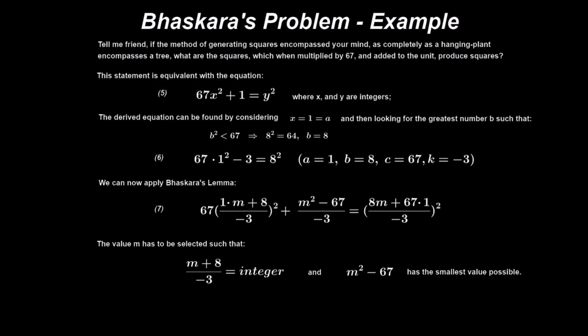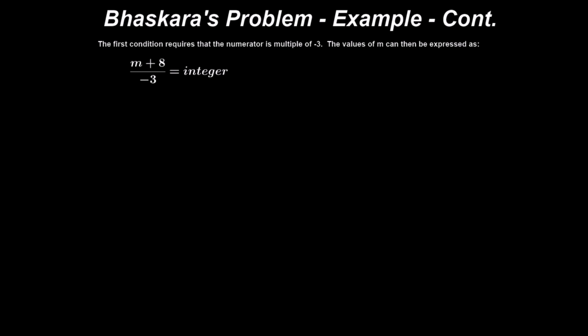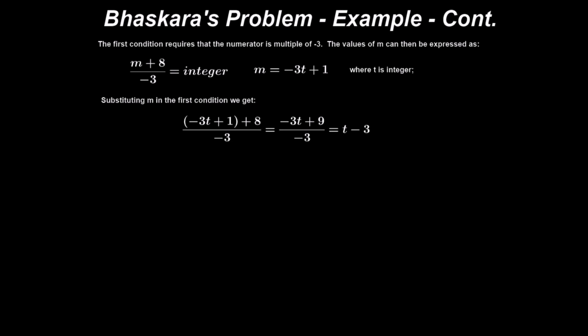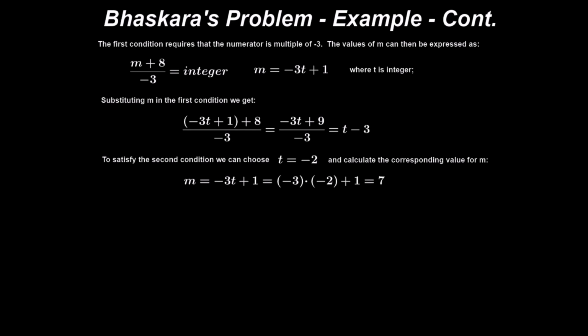Due to the fact that k is equal to -3, we need to apply Bhaskara's lemma. The value of m can now be determined by looking for the solutions in integers, which satisfy the following two conditions. 1. M plus 8 divided by -3 is an integer, and 2. M square minus 67 has the smallest value possible.